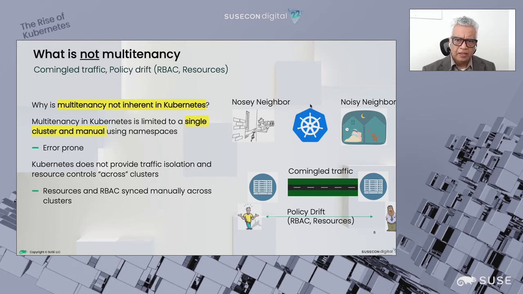You can do this today manually, but it's error prone. This is not enough, right? So you'll have problems with noisy neighbor. You want to be able to get that true isolation. And for that, you need a better mechanism. You need something where you can actually control all aspects of it, including the resources, the RBAC, the network, all of this in one place and through a single mechanism.